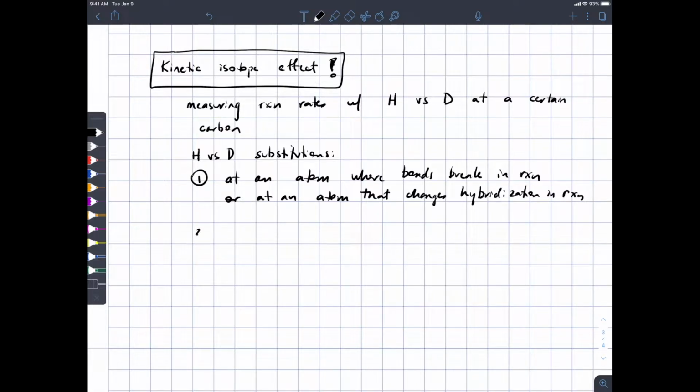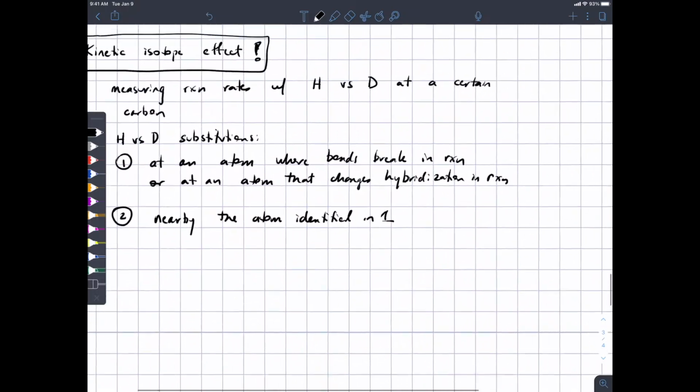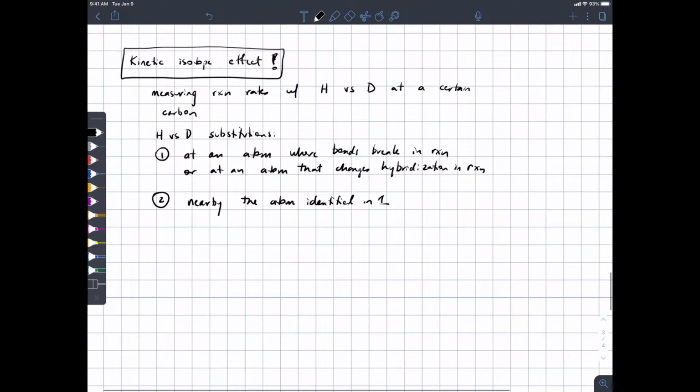And then second, we might put the hydrogen versus deuterium nearby the atom identified in 1. And generally, the kinetic isotope effect is given as a ratio of rate constants.